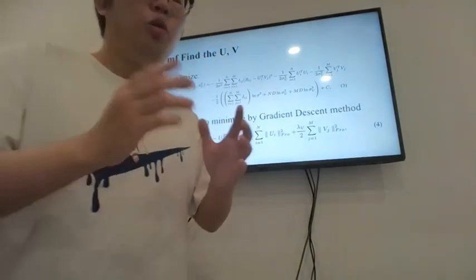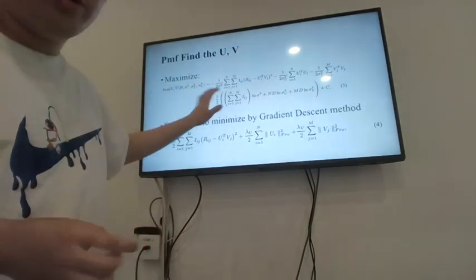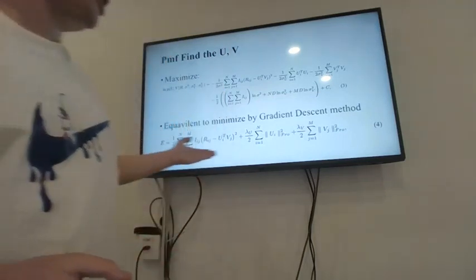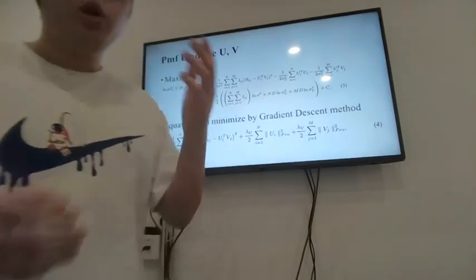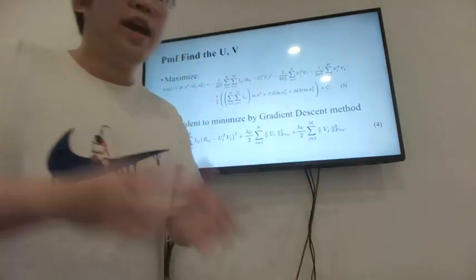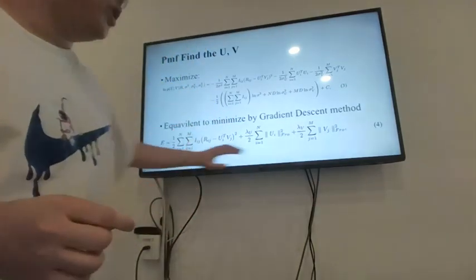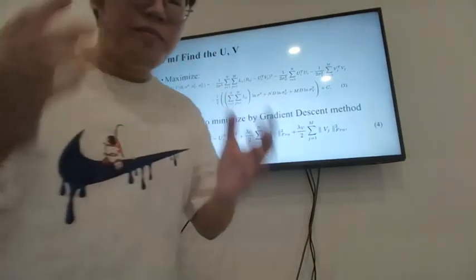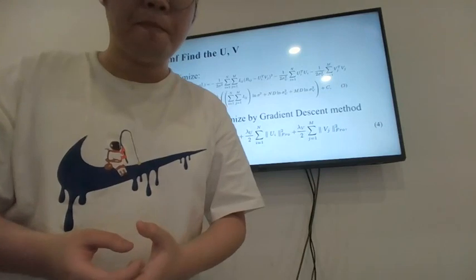We want to find the U and V that maximize the posterior probability, which is equivalent to minimizing this expression, E. This could be done by the gradient descent method. We just use gradient descent on U and V, put them into this equation, and E will get smaller. After we get a small enough E, we say that we found the desirable U and V as our prediction.